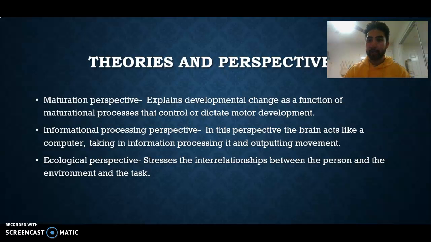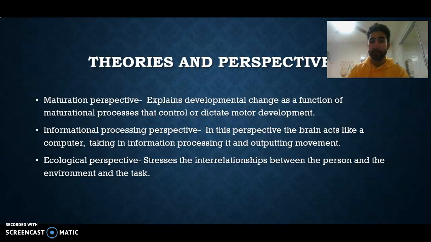So with that said, there are so many theories and perspectives throughout the lifespan of gait. Usually these theories are explained by the maturational perspective, which explains the development of change as a function of maturational processes that control or dictate motor development.